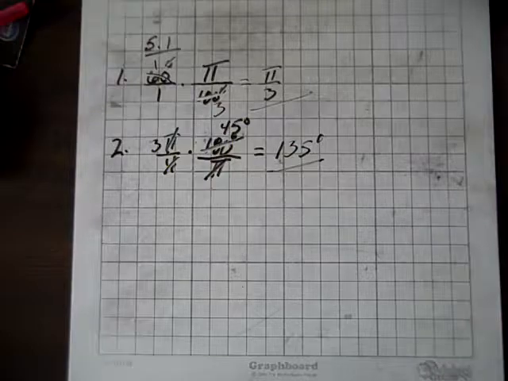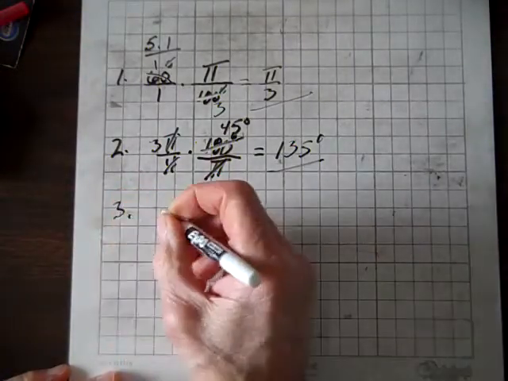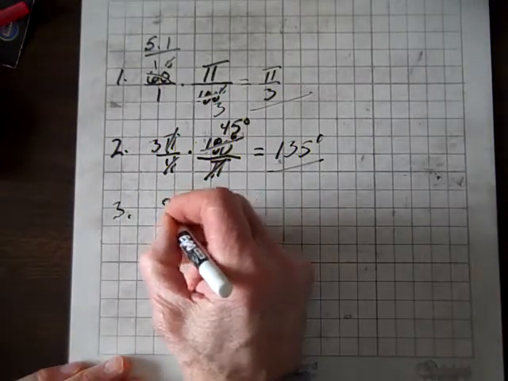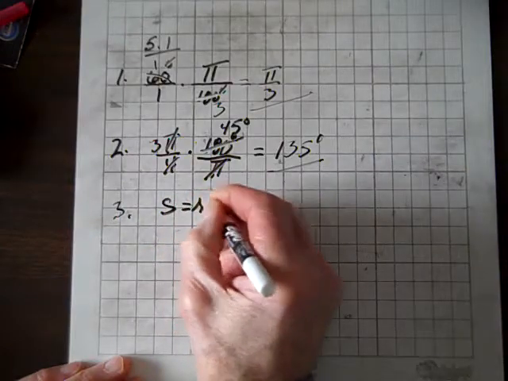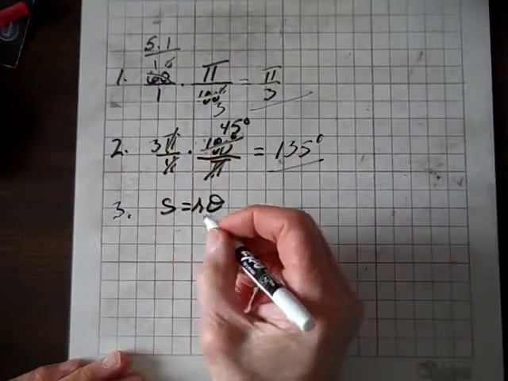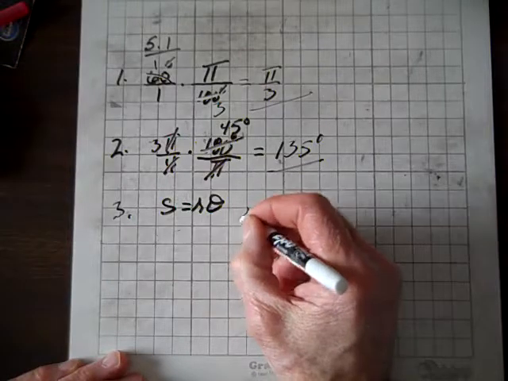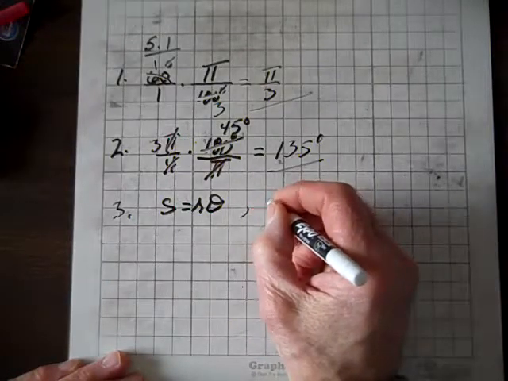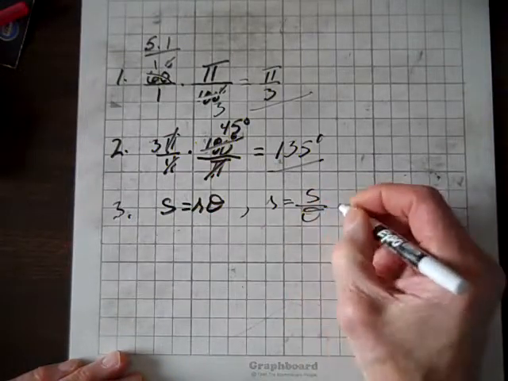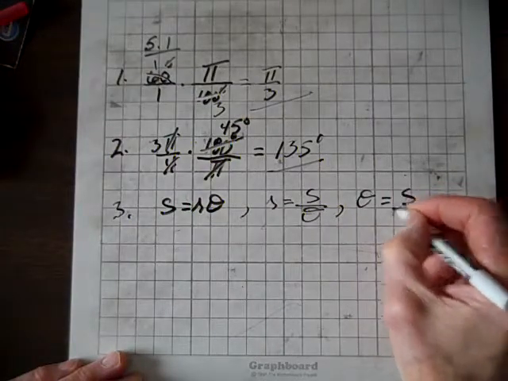Now number 3. First of all, we have to recall this: S equals r theta, so the distance along an arc equals the radius times the angle, and correspondingly r equals S over theta, and theta equals S over r.